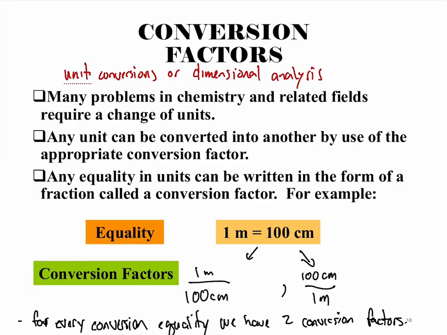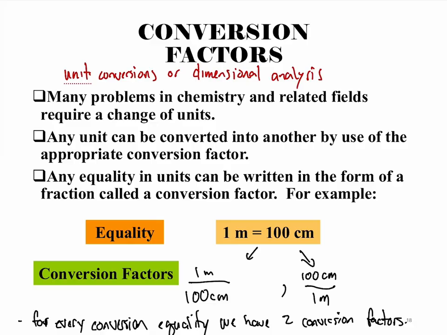And why might we need two conversion factors? Well, how do you know which one you might need to use here? Yeah, I think you're on the right track. It depends where you want to go. If I want to cancel out meters, then maybe I'll use this one because I know meters is in the denominator, so it'll cancel out, and I'll be left with centimeters.